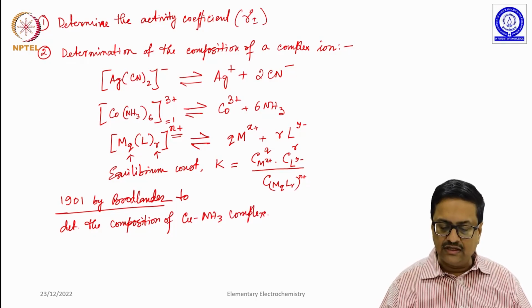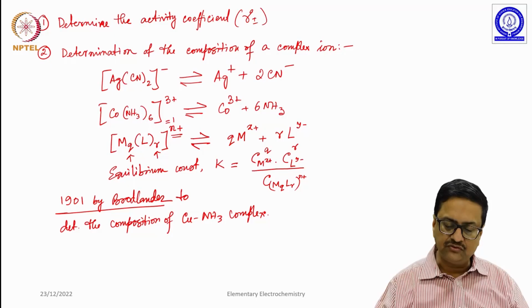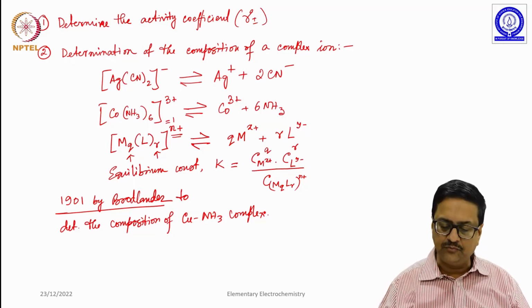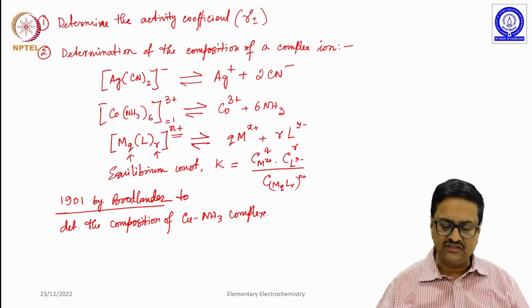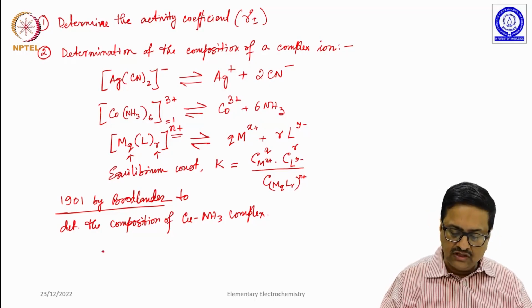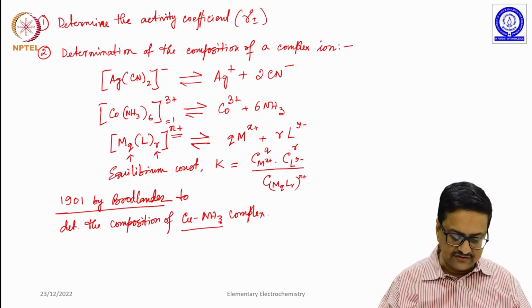As you all know, as a chemist, when you add ammonia in a solution of copper 2 plus, the solution turns deep blue in color due to the formation of a copper ammonia complex. So, he wanted to know what is the composition of such complex.